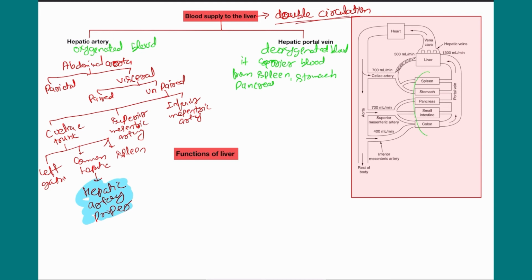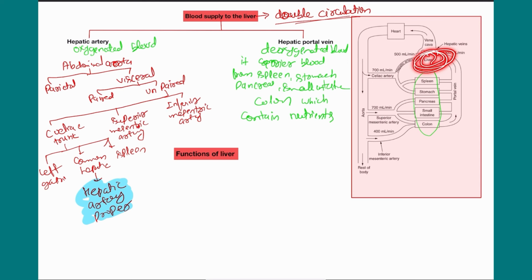You will see all these organs: spleen, stomach, pancreas, small intestine and large intestine like the colon. From these, it transports the blood through the portal vein to the liver, and as I already said, it contains some nutrients and also macronutrients. So it transports them to the liver. So there is a dual blood circulation to the liver.